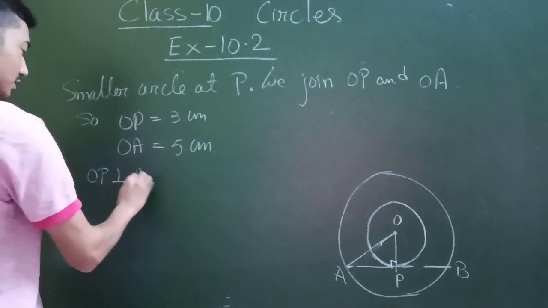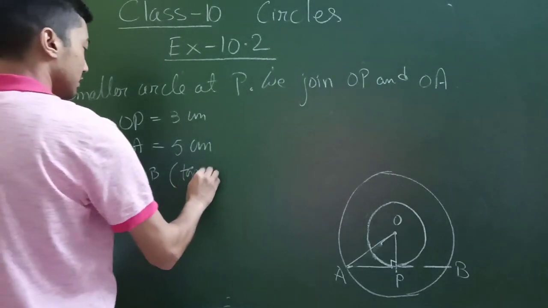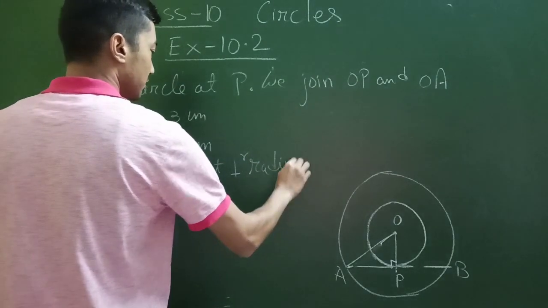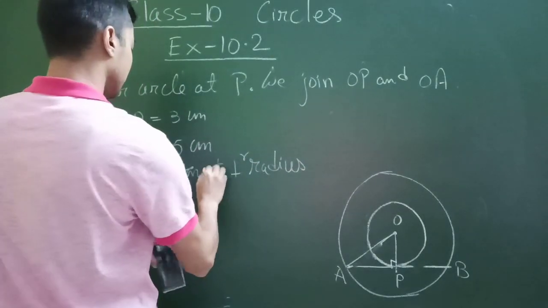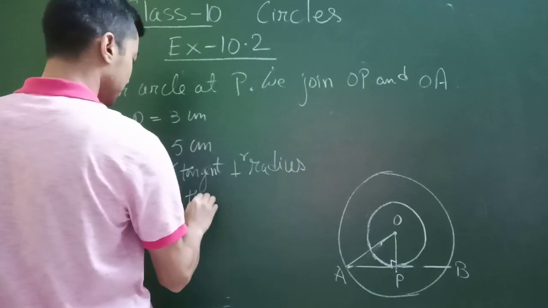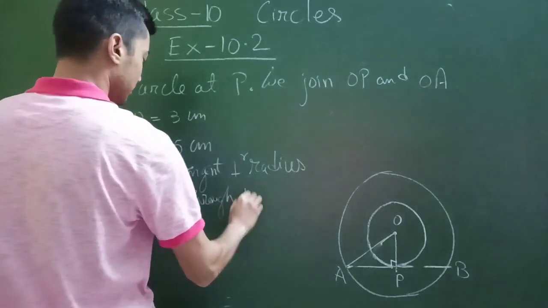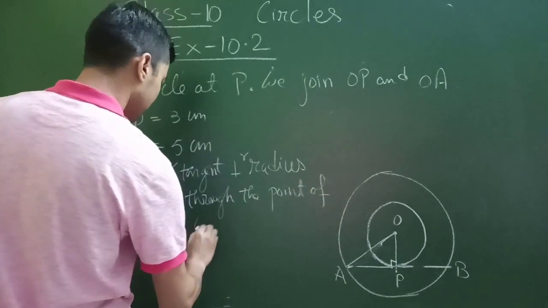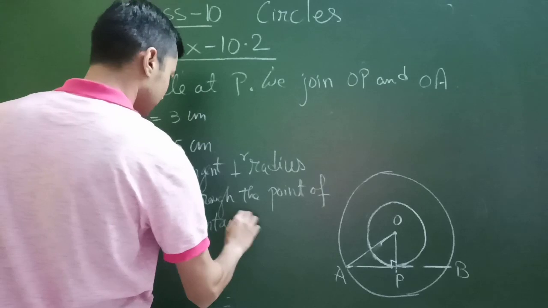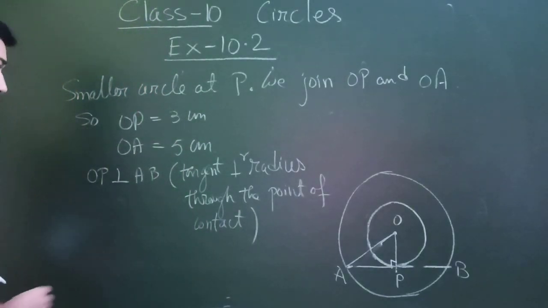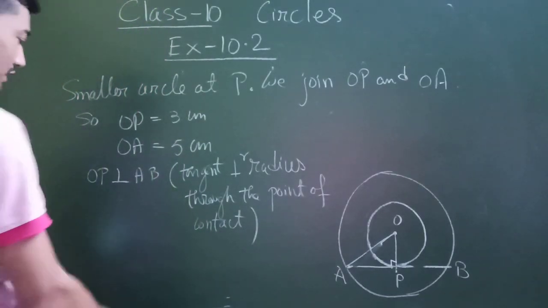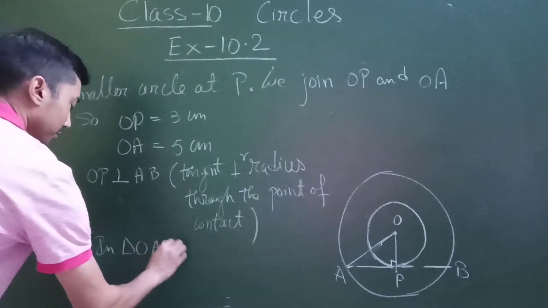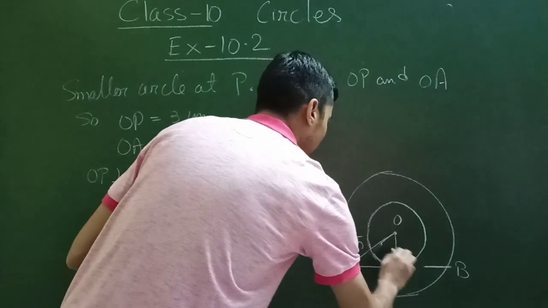OP is going to be perpendicular to AB because tangent perpendicular to radius through the point of contact. Right. So now what will happen is, in triangle OAP, so this is 5, this is 3.